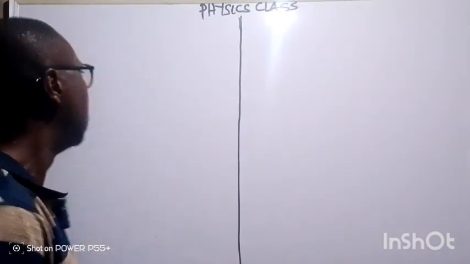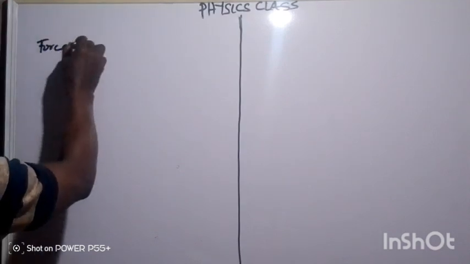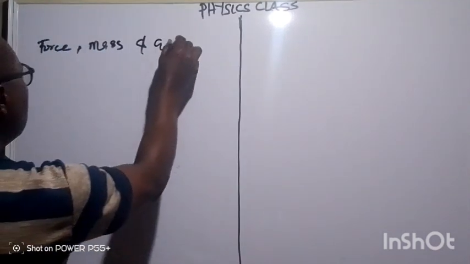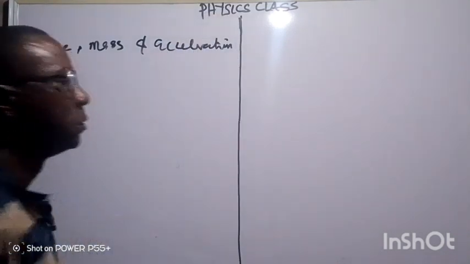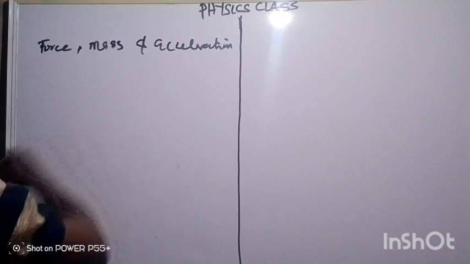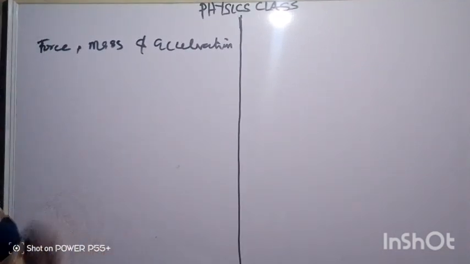During our last lesson, we looked at force, mass, and acceleration of a body under Newton's second law of motion. By then, we looked at the effect of mass and force on the acceleration of the body.